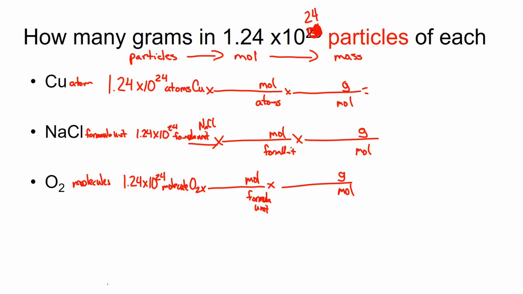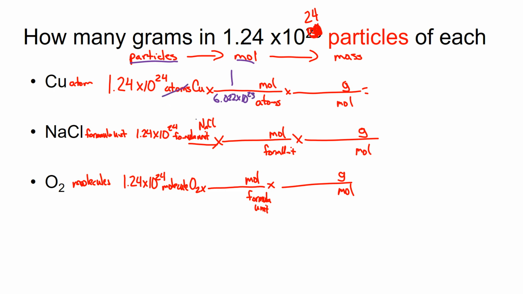So looking at this, my first step is to get rid of whatever particles I'm in and get to moles. So my relationship is that I have 1 mole of 6.022 times 10 to the 23rd particles.